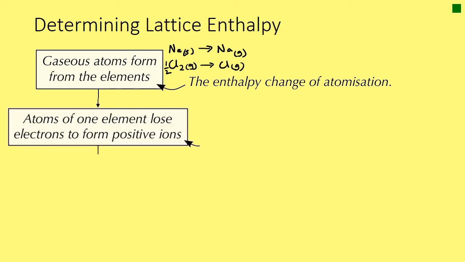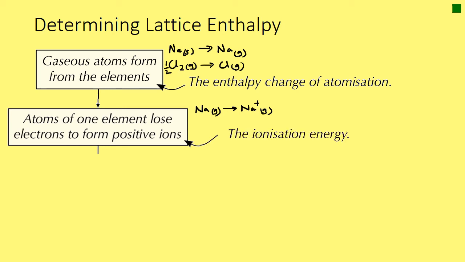The second step is that atoms of one element, in this case sodium, lose electrons to form positive ions. So our element is sodium, and now we've got a gaseous sodium atom, and we're going to make a gaseous sodium ion out of that. And that step is called the ionization energy.